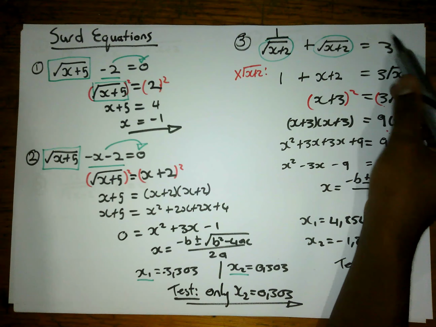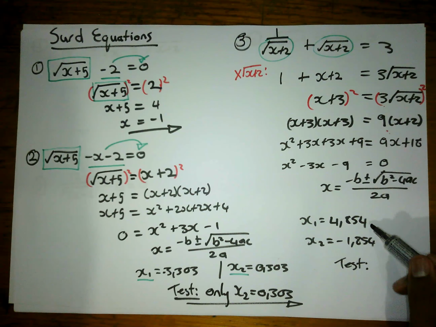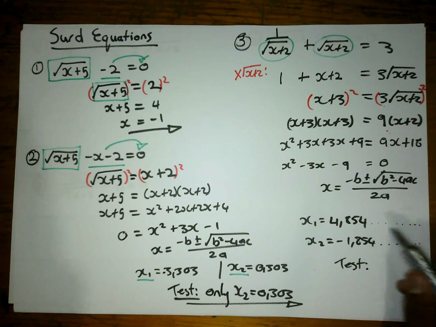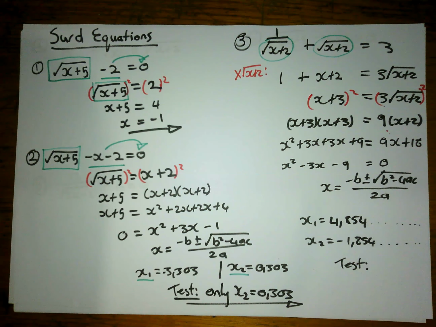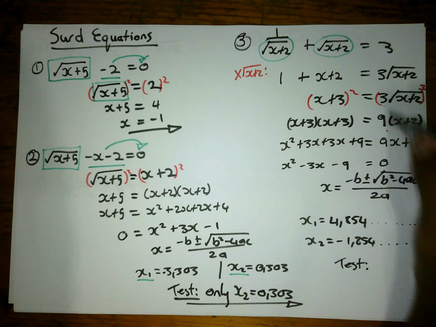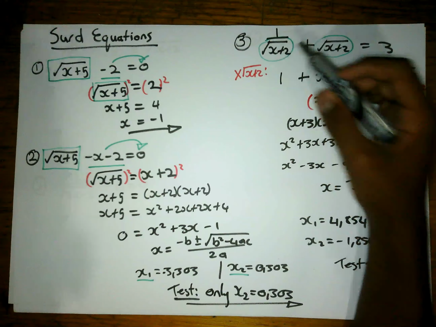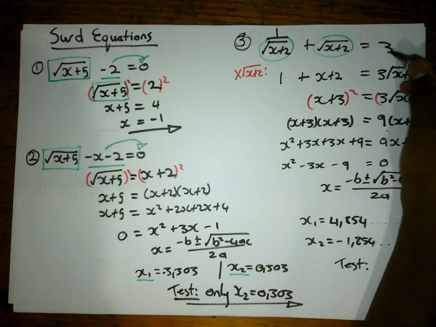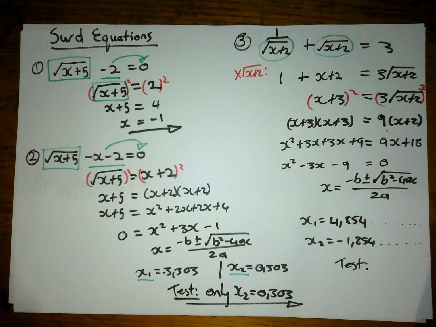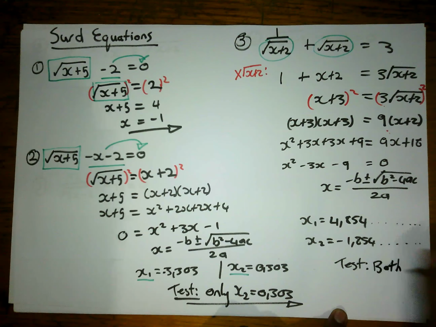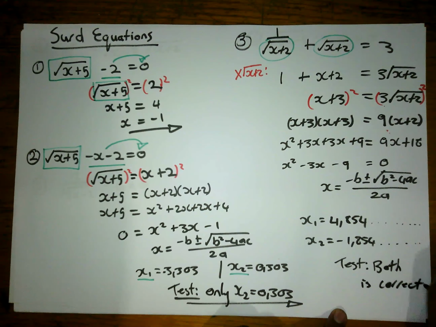Then we should get a 3 when we punch in this entire decimal, even though we round it off to 2 decimal places. The decimal continues, but we want to capture the entire decimal, substituted in the x there, in the x there, and we should get 3. And then when we test both these answers, both are correct.